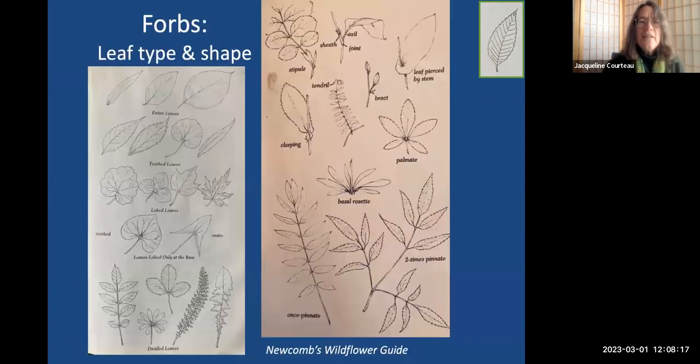And then on forbs, leaves can be toothed and lobed and divided in a range of different ways than woody plants are, but some are similar. Also, there are characters such as stipules, tendrils, and looking at those leaf bases, whether they're clasping or not.